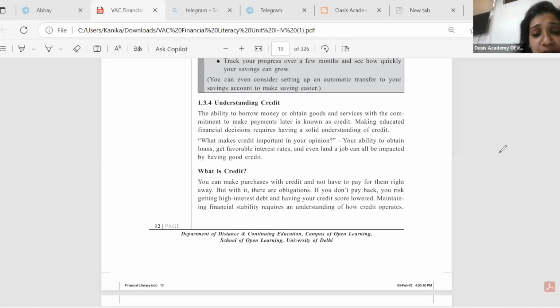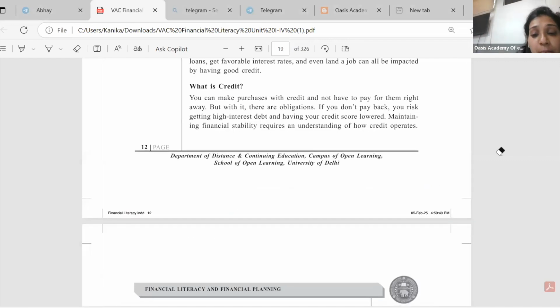You can make purchases with credit and not have to pay for them right now. Maintaining financial stability requires an understanding of how credit operates.